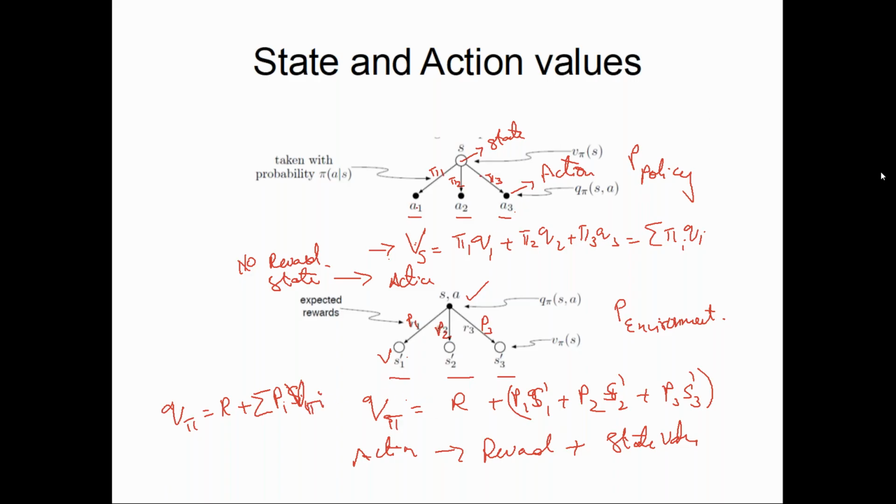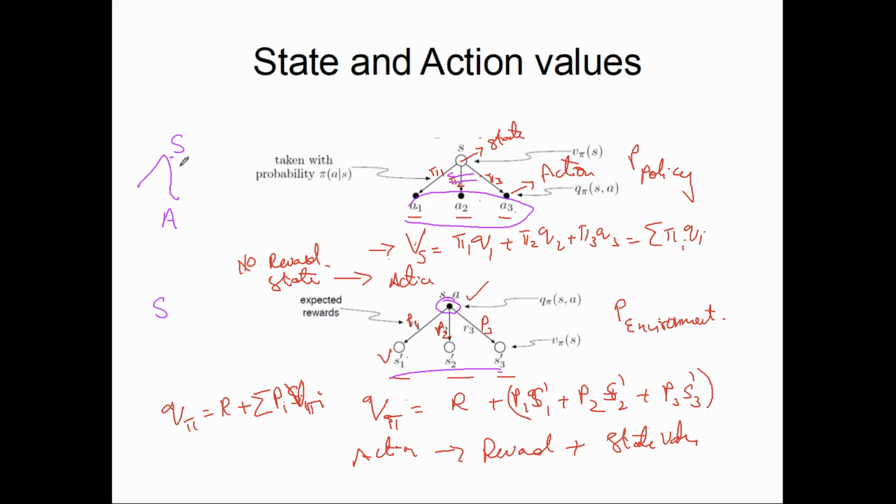So with this, now we know states to actions. Here we have states to action. And here we have action to the next state. That means states to actions and again to the next state.